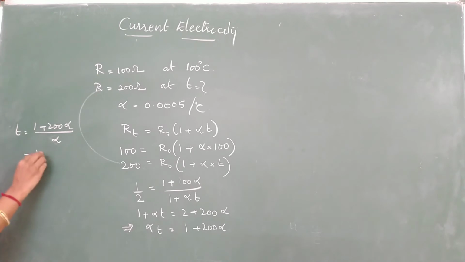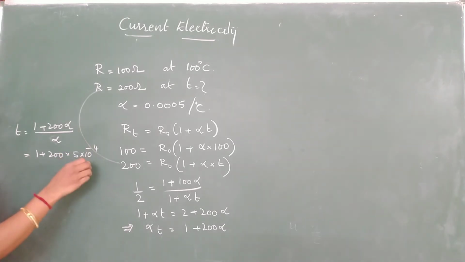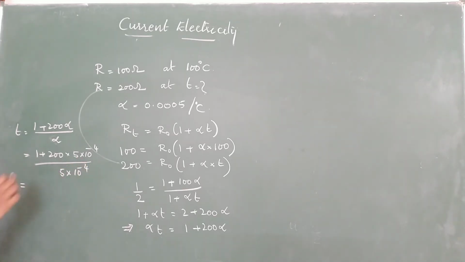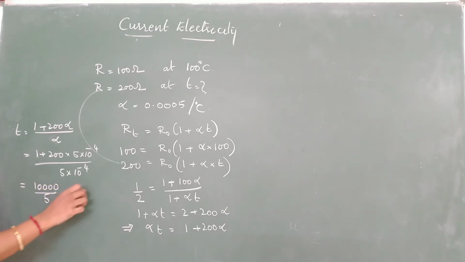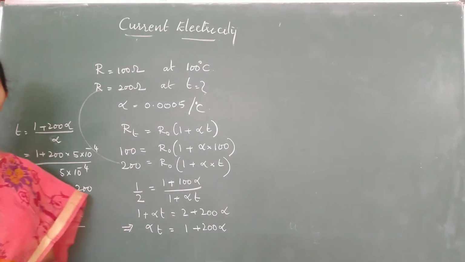Substitute the value of alpha: 1 plus 200 into the value of alpha, 5 into 10 to the power minus 4, divided by 5 into 10 to the power minus 4, or I can write it as 1 by (5 into 10 power minus 4), which is 10,000 by 5, plus 200. 2000 plus 200. What is the temperature in centigrade scale? 2200 degree centigrade. And if the options are in terms of Kelvin scale, convert it into Kelvin scale.